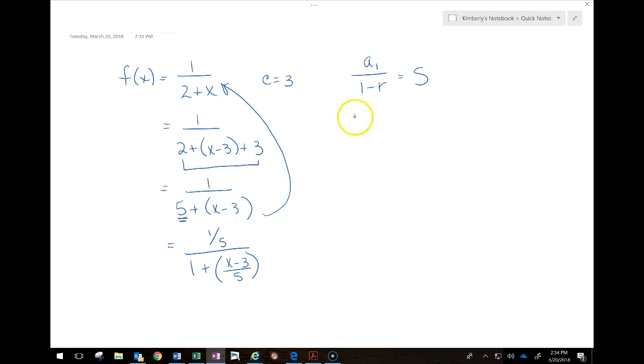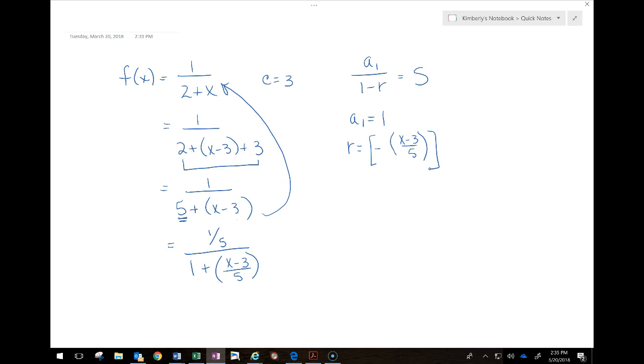So my a1 is 1. And be very careful with your r because it has to be minus r. So since we have a plus, our plus is really minus a negative. So our r is the quantity x minus 3 over 5 with a negative in front of it.